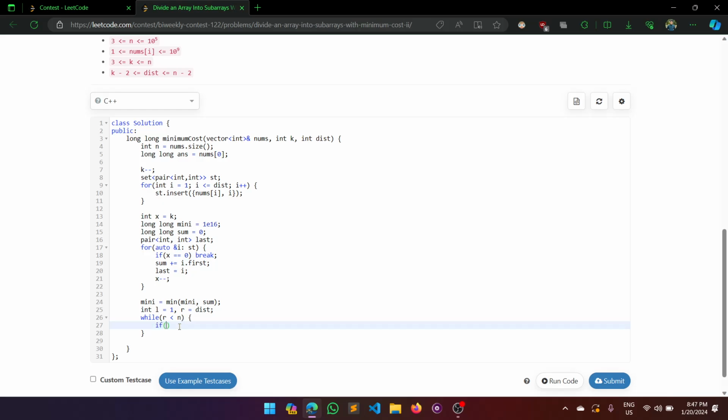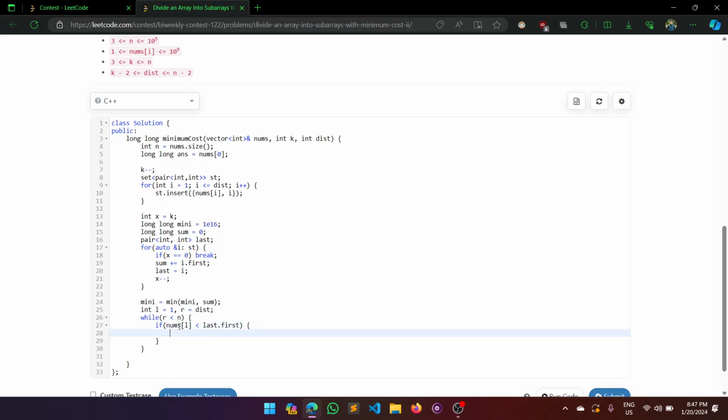So if nums of l is less than last of first, right, then it means it's included.